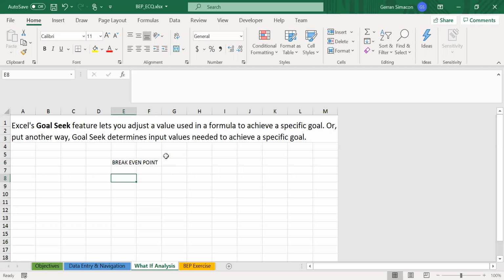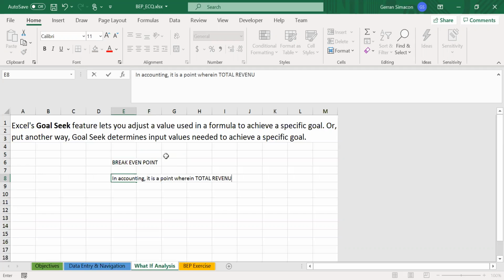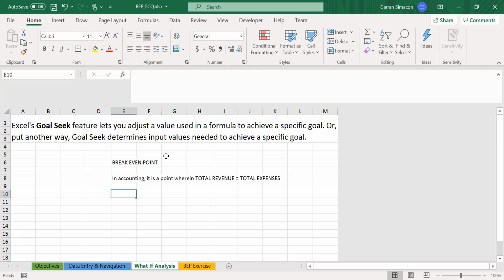In accounting, it is a point wherein the total revenue is equal to the total expenses, right? So TE is equal to TR.